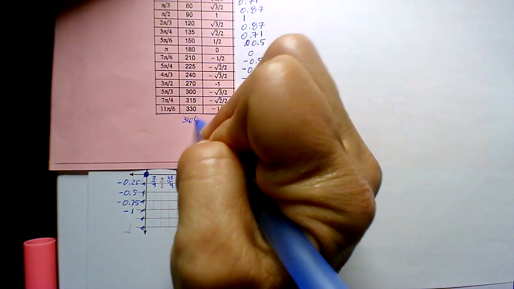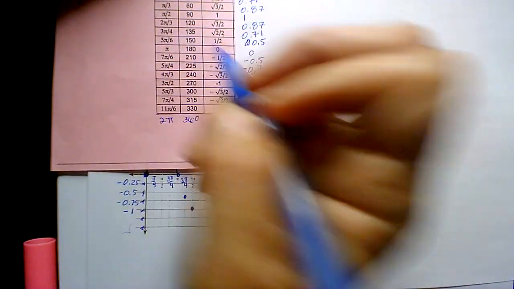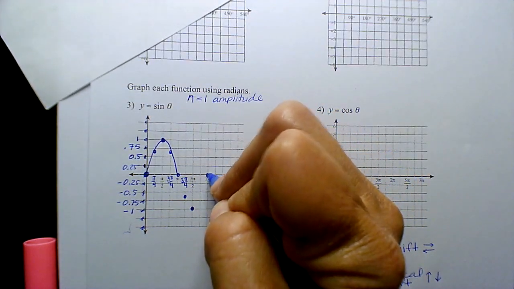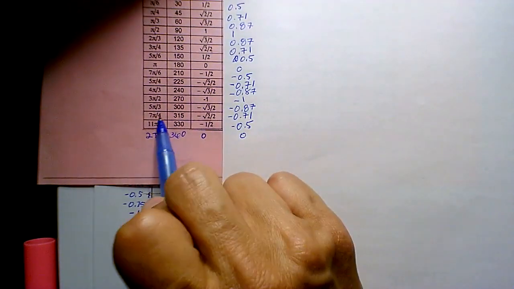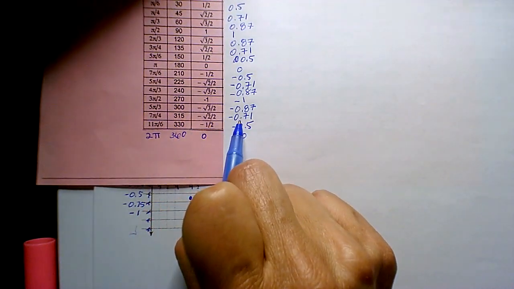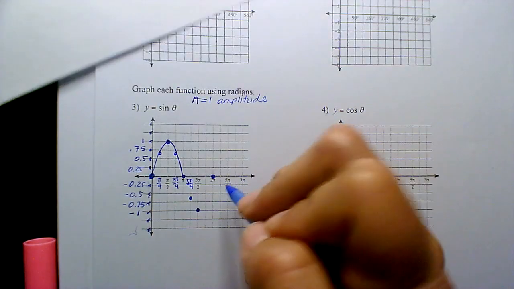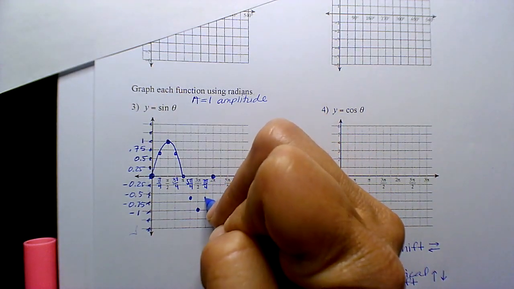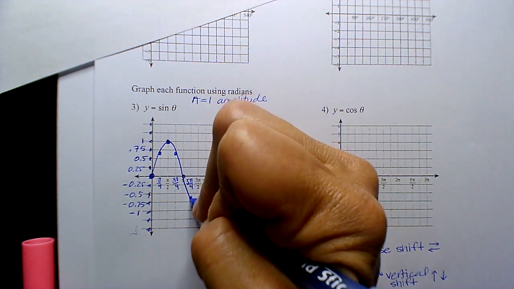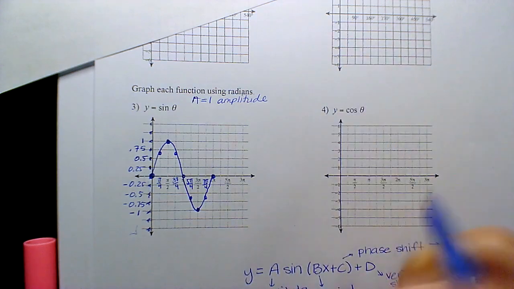Let's write 360, which would be 2 pi, which is right back to 0. And so halfway between, 7 pi over 4 is negative 0.71. And so this is your sine function.